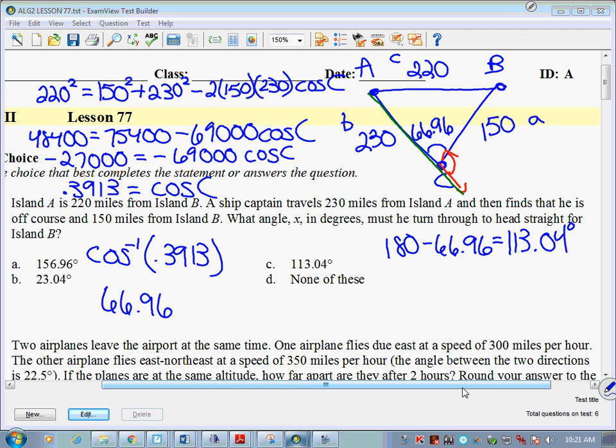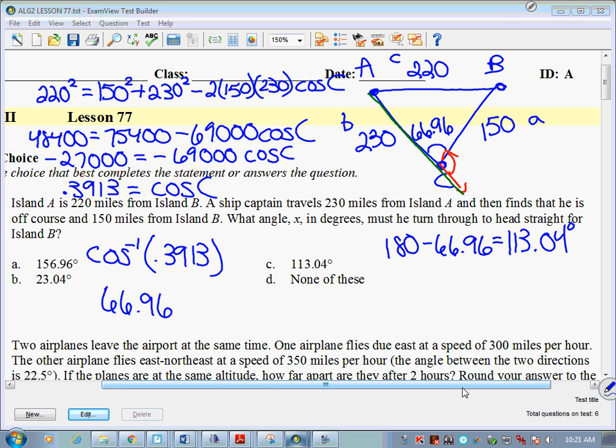So if he needs to turn back to the left, 113.04 degrees to get headed back to his island destination.